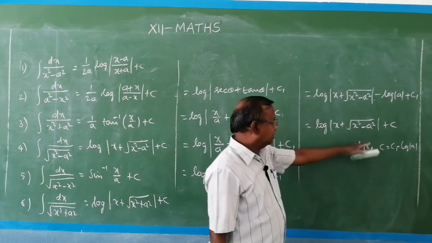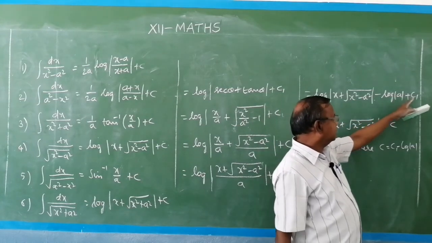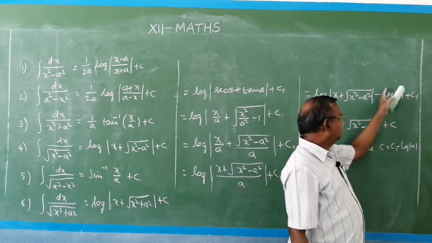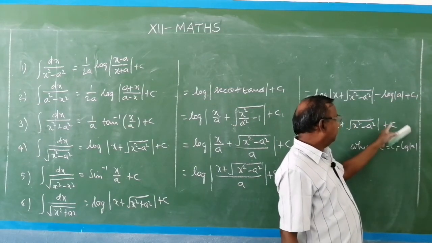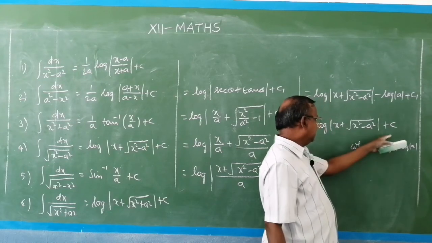So it is a constant. Log modulus a is a constant and c1 is a constant. Finally, we put all these together as c, so c is an arbitrary constant.